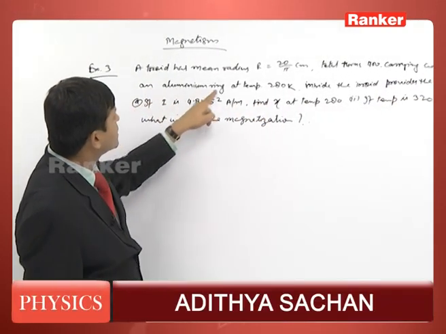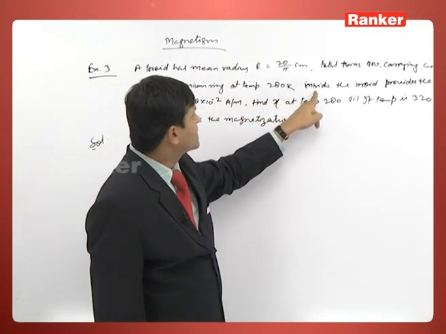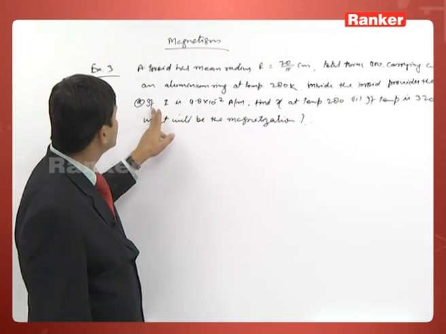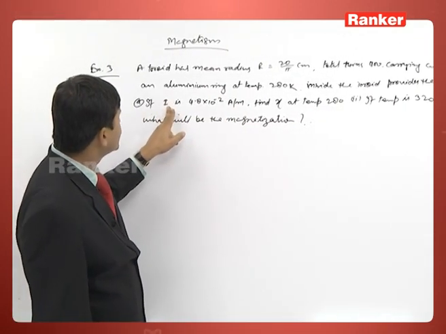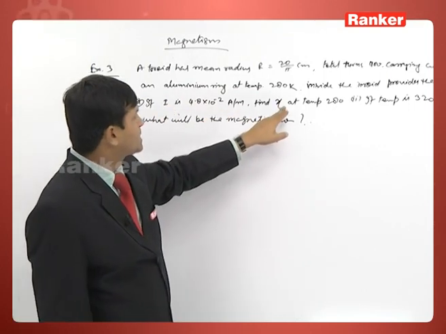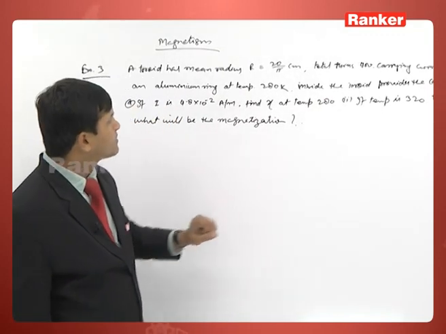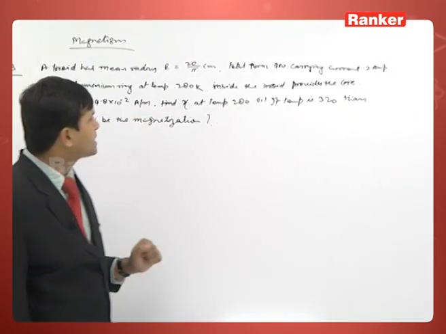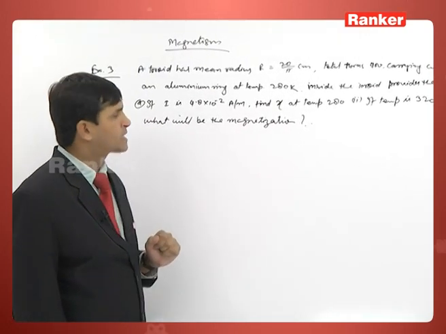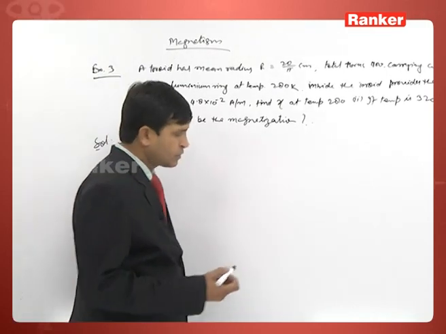An aluminum ring at temperature 280 Kelvin inside the toroid provides the core, with intensity of magnetization this much. Find the susceptibility at temperature 280, as well as if temperature is 320, then what will be the magnetization intensity?